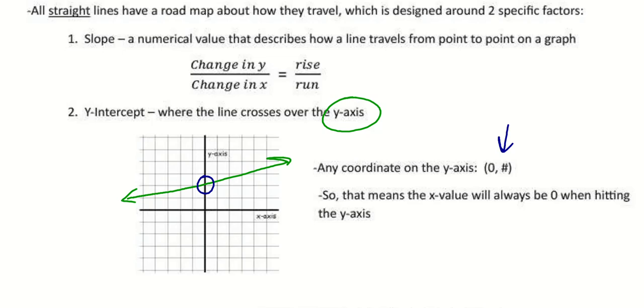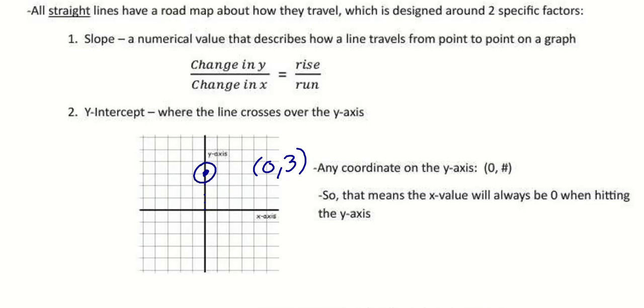The 0 will always be there because when we talk about graphing, you start at your origin, and then say we're going to graph 0, comma 3. 0 means we move no spots left or right from the origin, and then we just go up to the third spot, and that would be the coordinate. Okay, so again, the y-intercept is always just going to be the y value off of that coordinate.